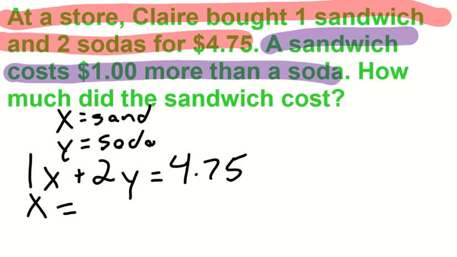So a dollar more than a soda. A dollar more means what are we doing? Adding how many? 1. So we're going to be adding $1 more, right? Y'all, what variable's a soda?